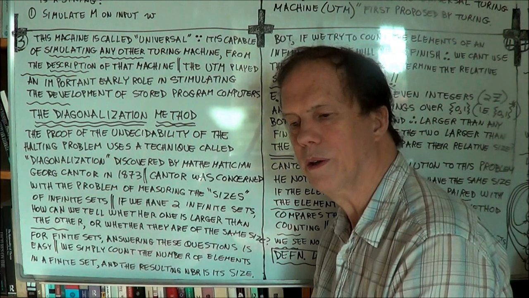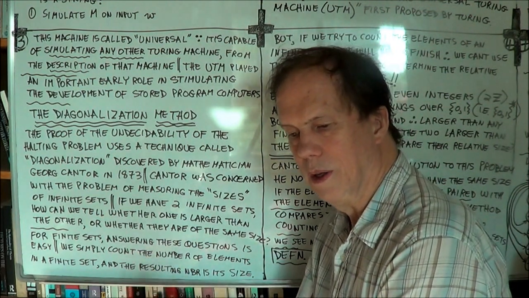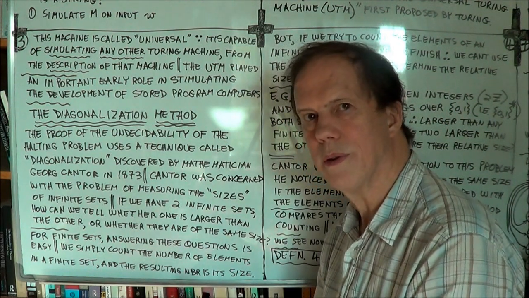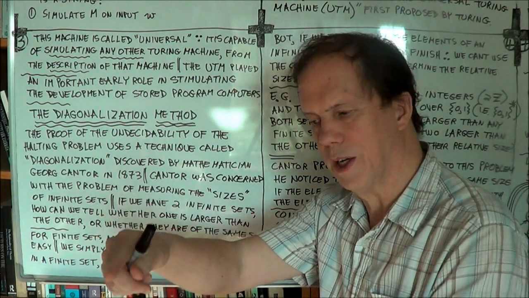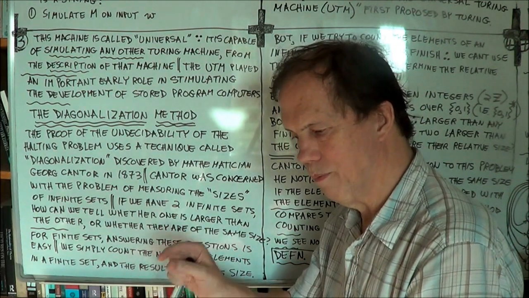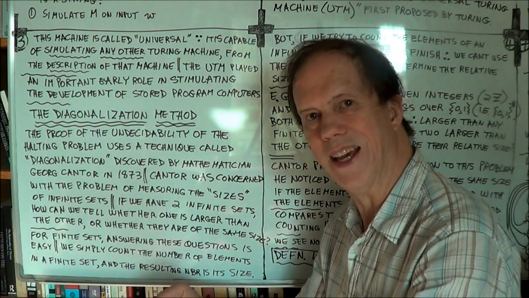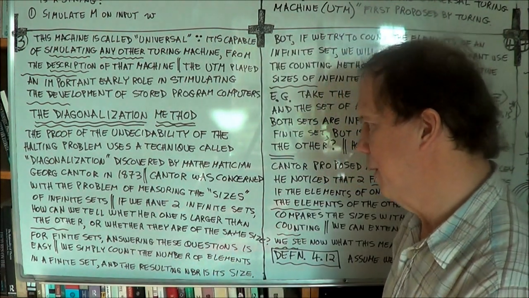Okay, so one element of infinite set A gets paired off with an element of set B, and it's one to one. So you don't pair off two elements of A to one element of B. No, it's one to one. So if you pick an element of B, you'll know what the corresponding pair in set A was. Okay, so that's the idea.